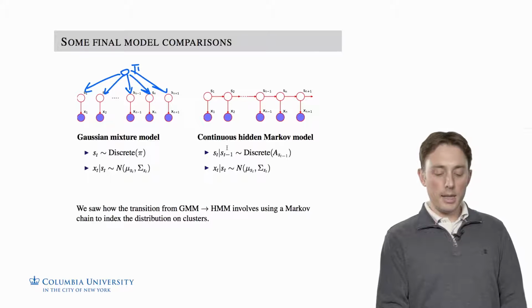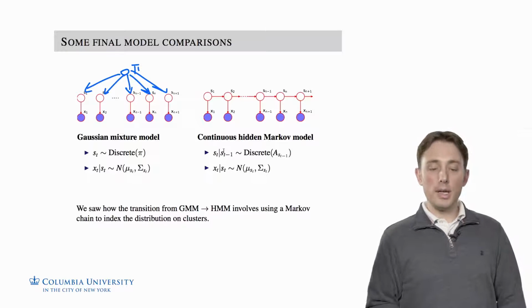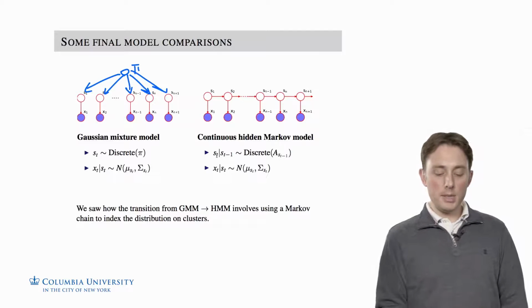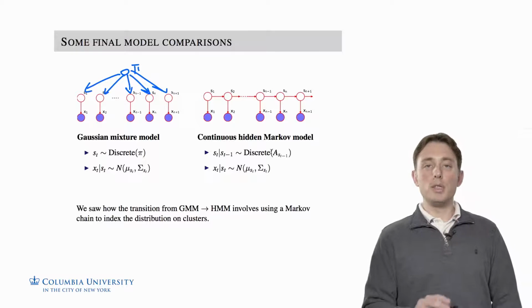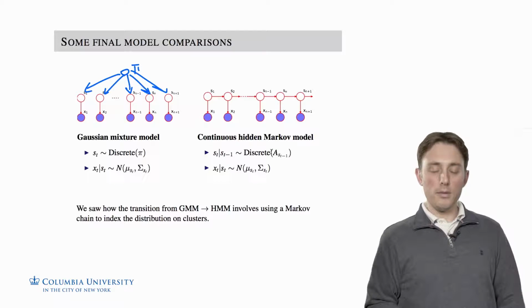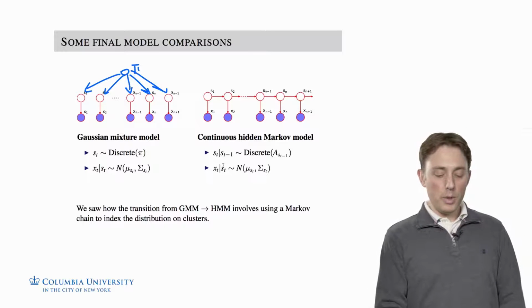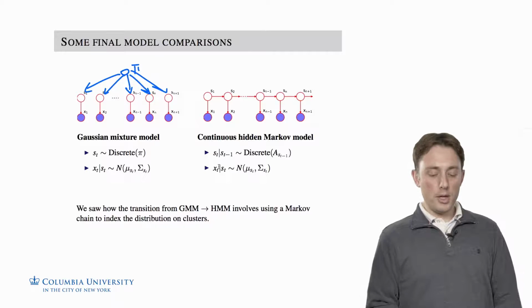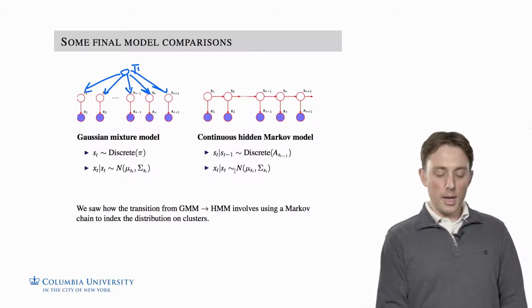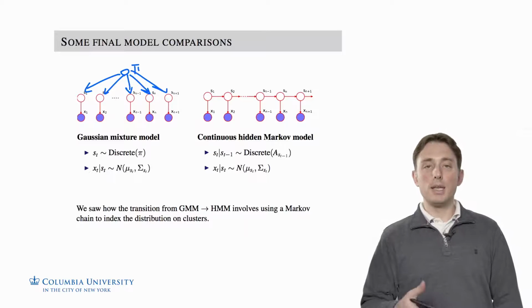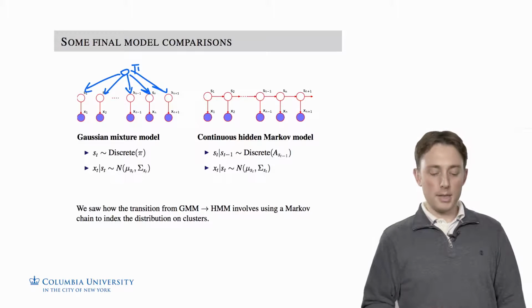It says that if we're at state s_{t-1} at time t-1, then we transition to the state at time t according to the distribution indexed by the row of our transition matrix s_{t-1}. And then given that state, we again generate our observation from a Gaussian where we use the mean and covariance picked out by the indexed state.